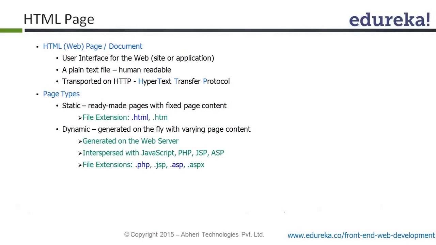So an HTML page is basically a user interface for a website or an application. It could be a web application or a website. There's a slight difference between a website and a web application. A website's main purpose is generally to provide some information to the end user, whereas a web application will do some job for you on the web.